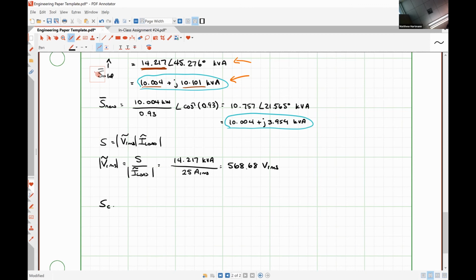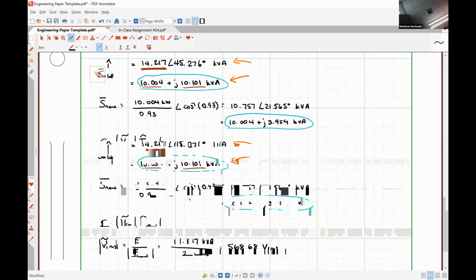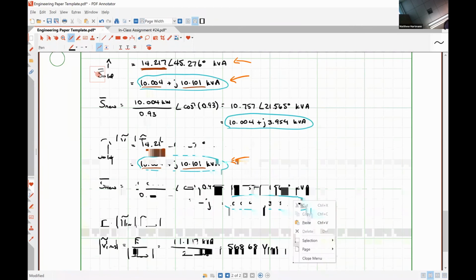So S cap is S new minus S old, which is going to be negative j 6.147 kVA.